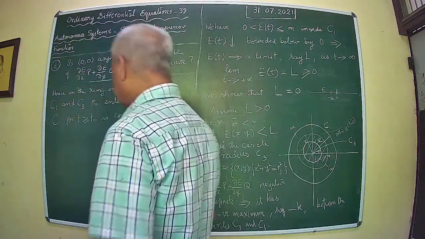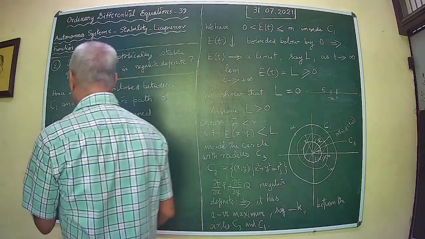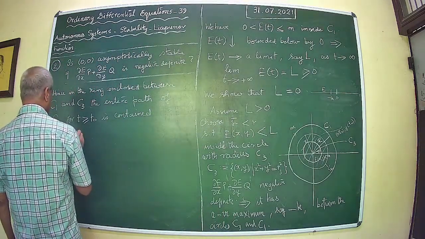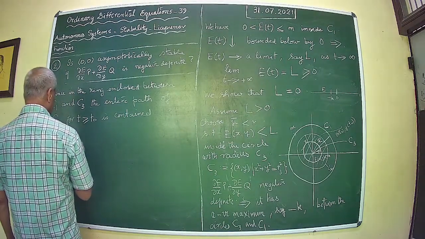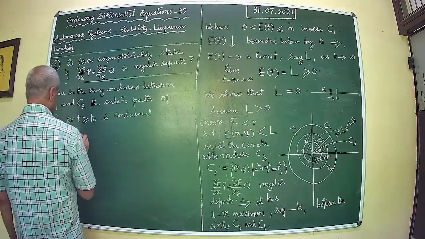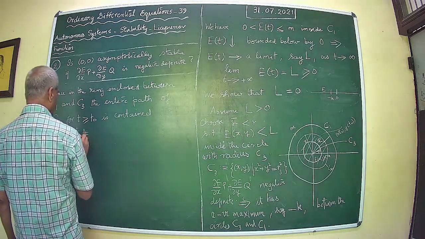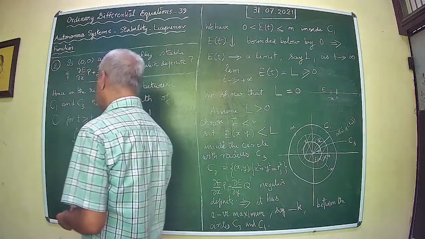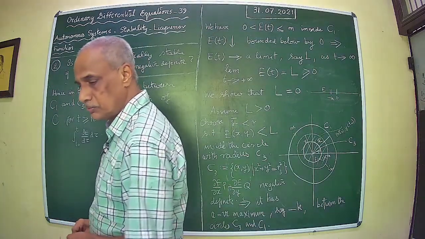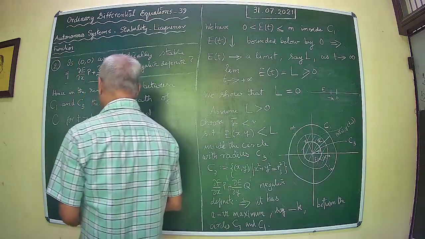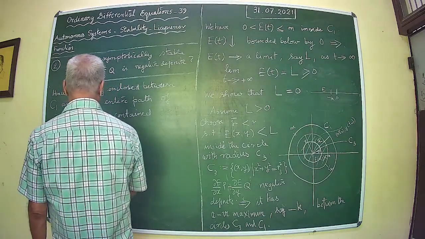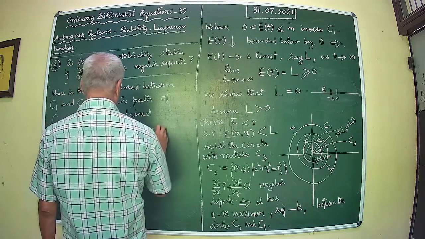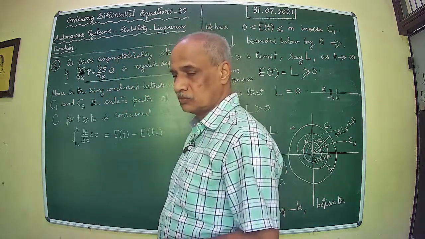So what does it mean? What is the consequence of that? So you take dE by dt. So integral, say T0 to T, dE by d tau, d tau.